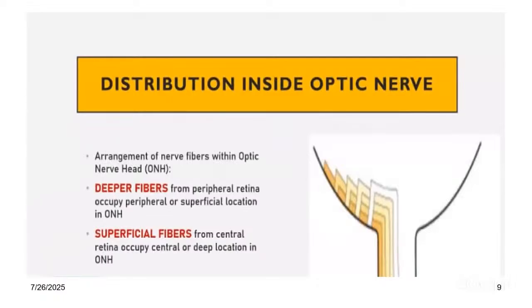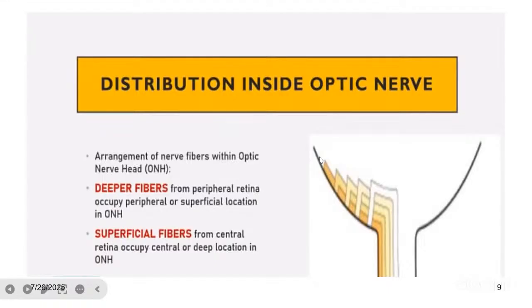So for the distribution inside the optic nerve, the arrangement of the nerve fibers within the optic nerve head is such that the deeper fibers come from the periphery of the retina, that's from way anteriorly, and they occupy the superficial location of the retina as seen.